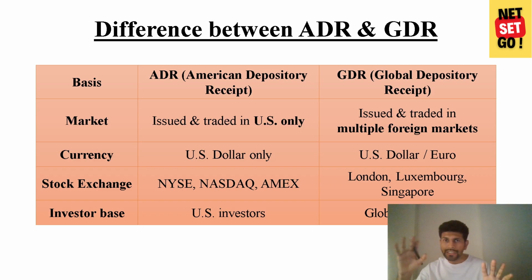But GDRs are issued by international banks, traded internationally, on stock exchanges such as the London Stock Exchange, Singapore, and Luxembourg Stock Exchange, and are traded in US dollar or euro. The country in which it is traded will be the host currency, and the investor base will be global investors. Any person in the world can access GDR.